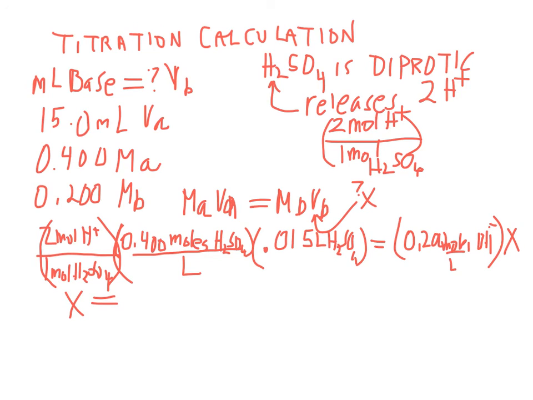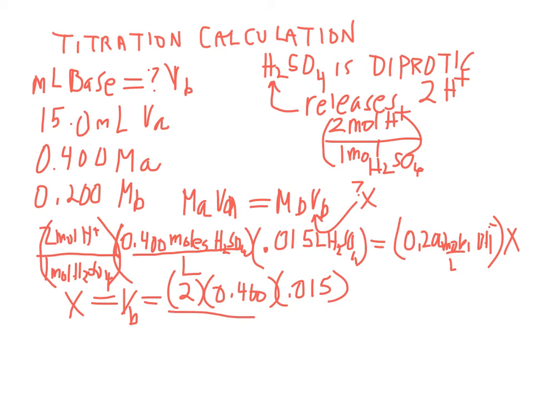So X, which is also the volume of the base, is equal to 2 times 0.400 times 0.015 divided by 0.200.